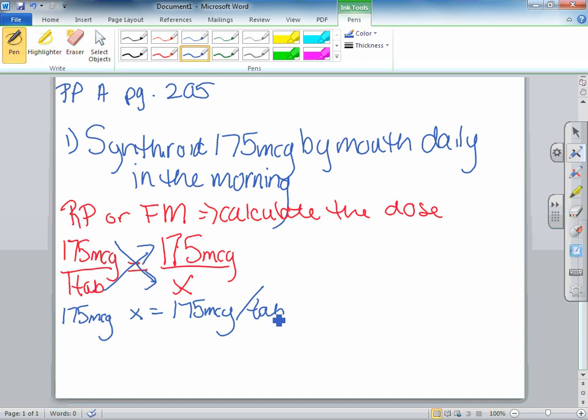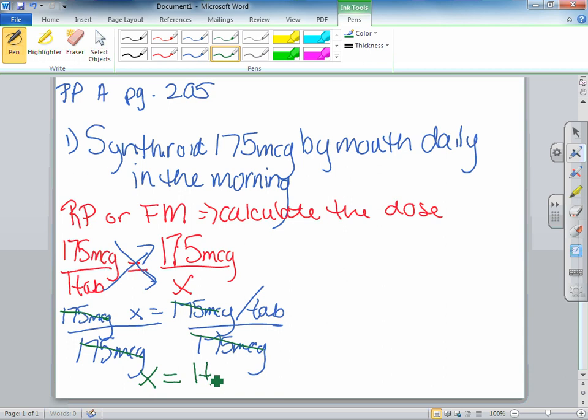In order to get X by itself, you guys are going to divide 175 micrograms on both sides. As you can see, 175 micrograms crosses out on the left hand side. Also, it crosses out on the right hand side. X is left by itself on the left hand side. And if you divide it out, of course, your answer is 1 tab.